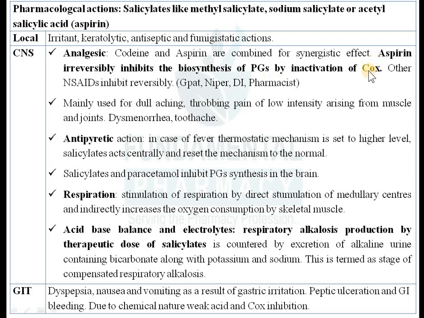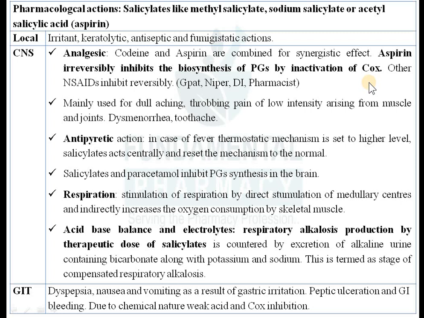It is the only non-steroidal anti-inflammatory drug that binds to COX and inhibits it irreversibly. Remember, aspirin is an irreversible inhibitor of COX. All the rest of the drugs are reversible inhibitors. Once aspirin binds to the enzyme, it does not let go. It is an irreversible inhibitor of the synthesis of prostaglandin by COX.